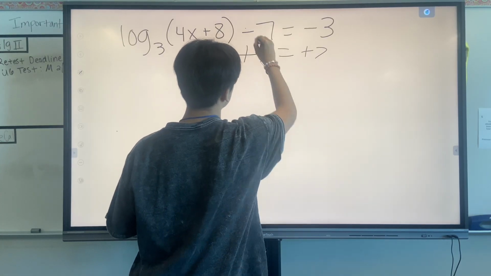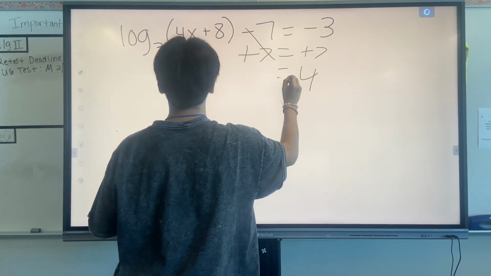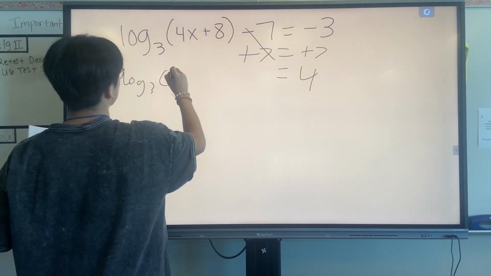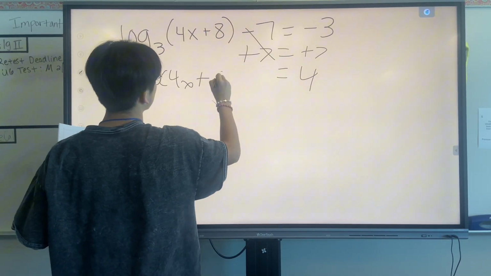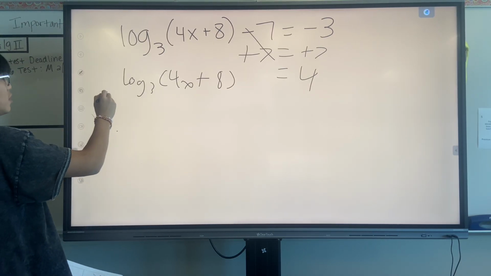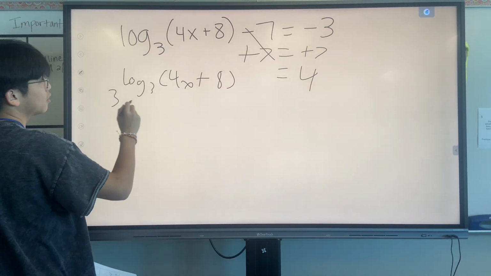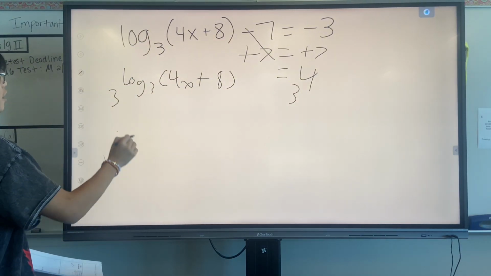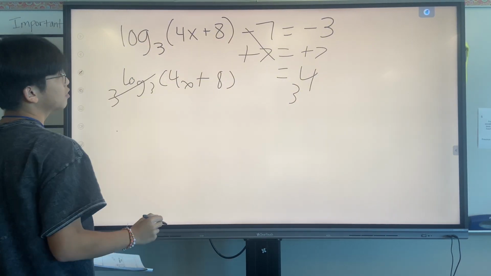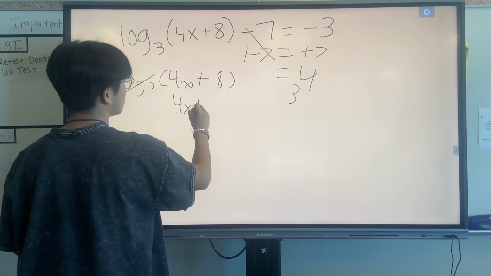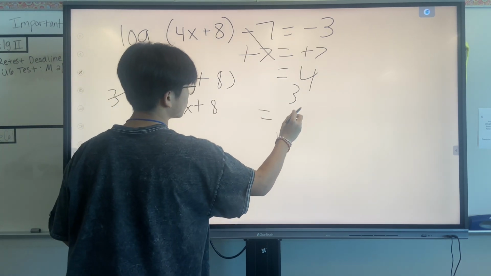Cancel these out. 4 equals log base 3 of 4x plus 8. Now you take the base here, put it down here, and then you do it for here as well. And then these will cancel out, and then you'll get 4x plus 8 equals 81.